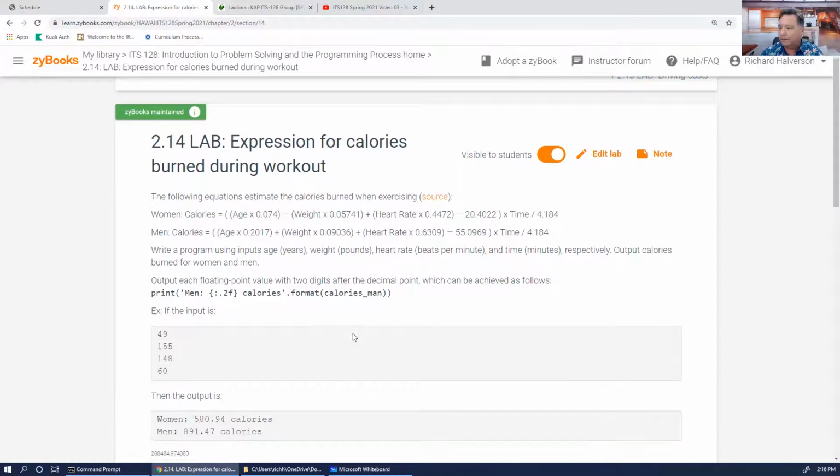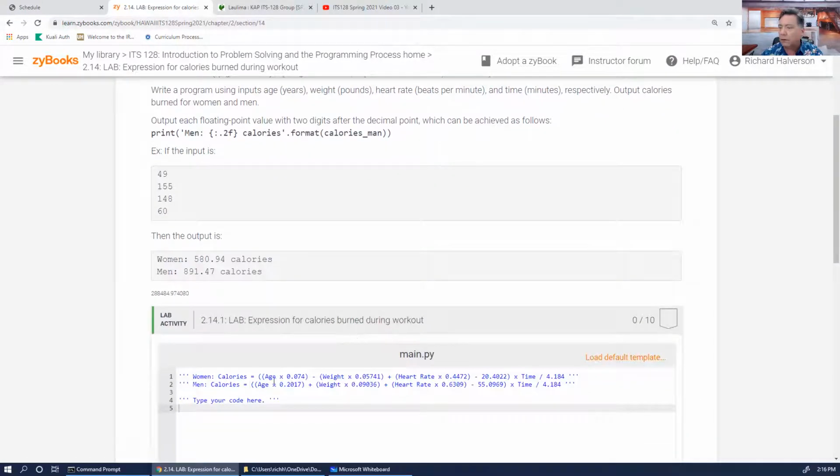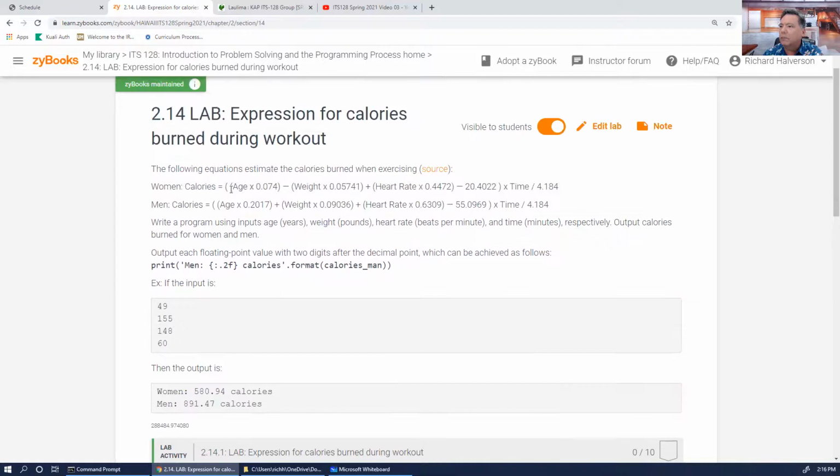All right, so we got these expressions here, and based on years, pounds, beats per minute, and time, output each of the floating point values to 2 digits.